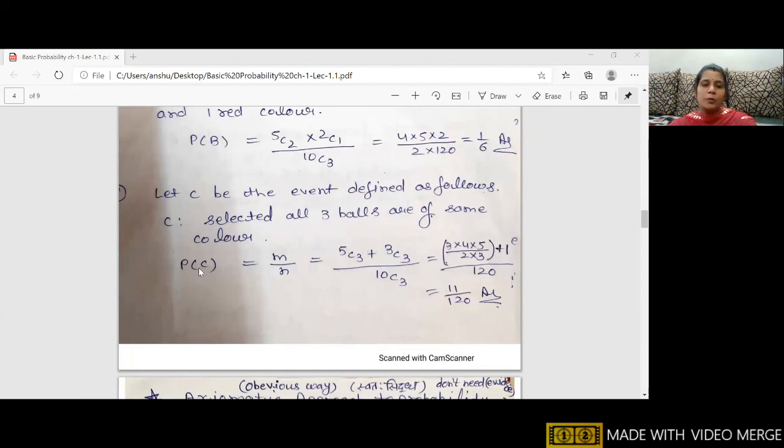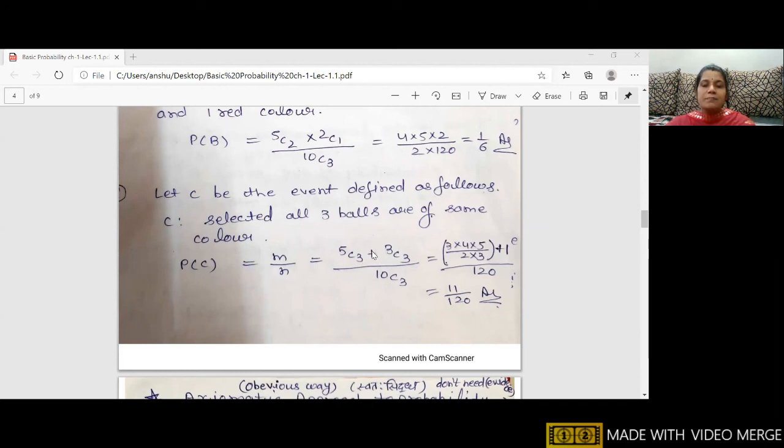What is the probability of C? C is equal to m upon n, where m is the total favorable events divided by total events. So here we write that all 3 balls are of the same color. We have 5 yellow balls, so we write 5C3, and we have 3 white balls, so we write 3C3.